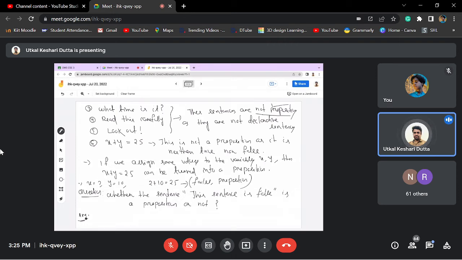This sentence is true, yet it itself said that it is false. That means the truth value of this sentence contradicts itself. In this case, these are not propositions. They are confusing. They contradict themselves, so these types of sentences are called paradox, not propositions.